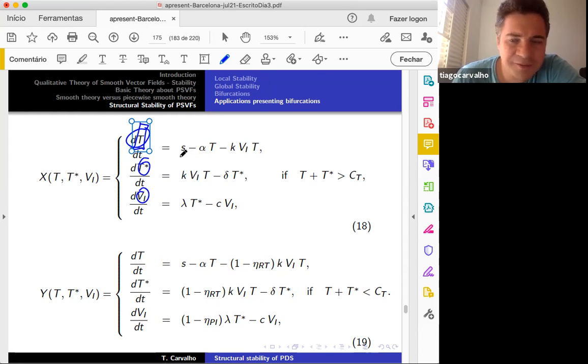Our body does not naturally produce these T cells, okay, and naturally these cells are dying.